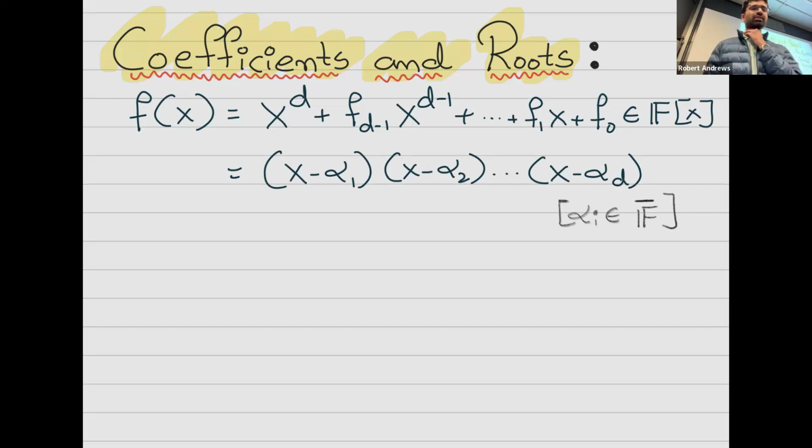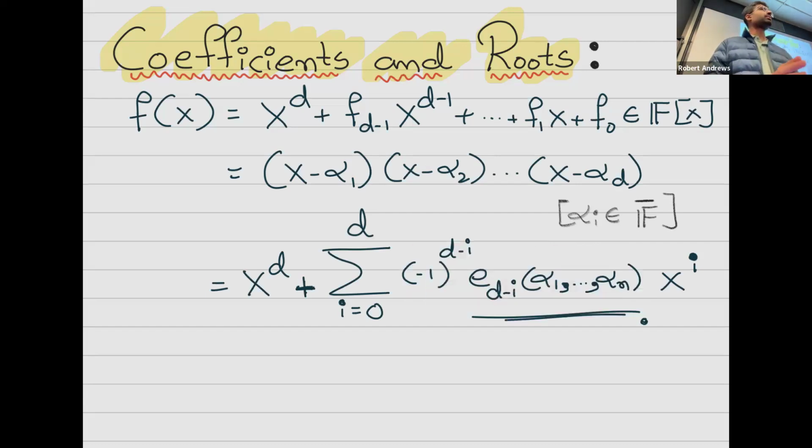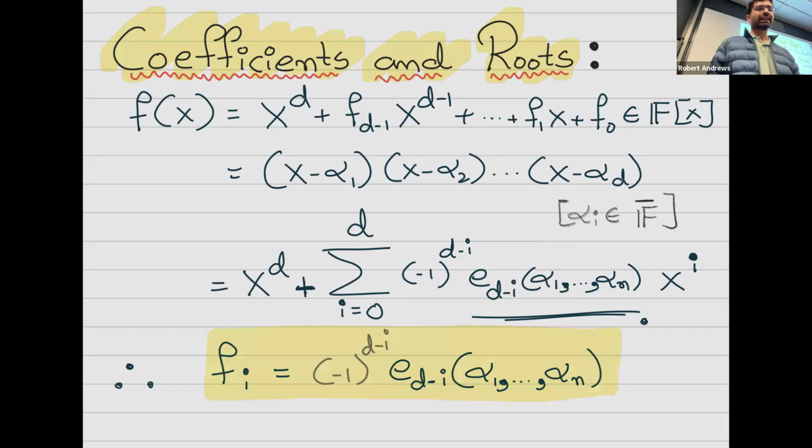We'll make a simple observation: what does the coefficient of x to the power i look like in terms of the roots? It essentially looks like an elementary symmetric polynomial. This fact will be good to keep in mind for the rest of the talk: the coefficient of a polynomial is essentially an elementary symmetric polynomial in the roots of the polynomial. And we'll keep using this fact again and again.